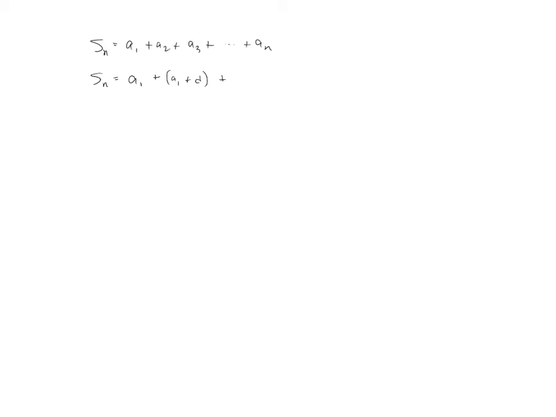The third term would be a sub 1 plus 2 times whatever that distance is. The fourth one would be a sub 1 plus 3 times whatever that difference or distance is, all the way out now to the nth term.